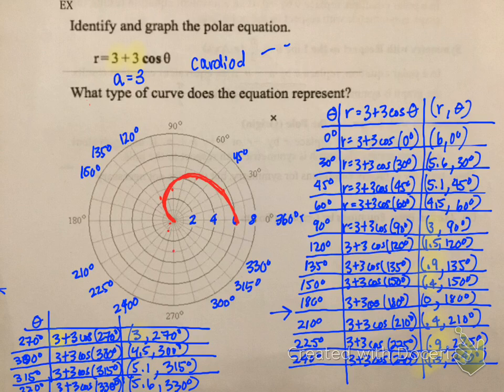And so on and so forth. So 300 is 4.5. And I put that in the wrong place. 315 is 5.1. And 330 is 5.6. Okay, so here we go.